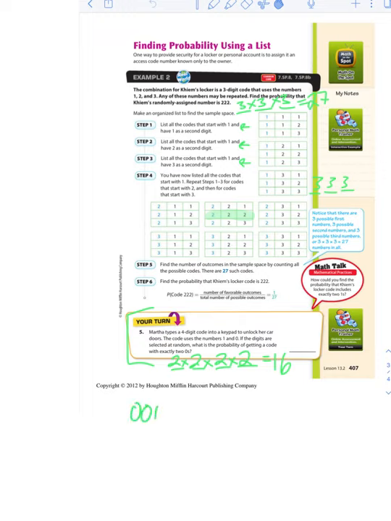So we could have 0, 0, 1, 1, 0, 1, 0, 1. All right, so it looks like there are 6 possible outcomes that have exactly 2 zeros. So our probability getting a code with exactly 2 zeros is 6 out of 16.